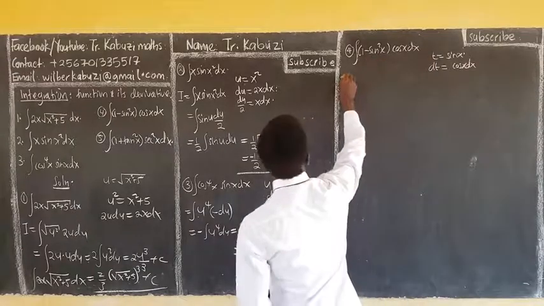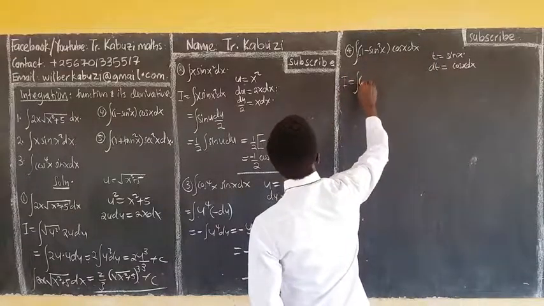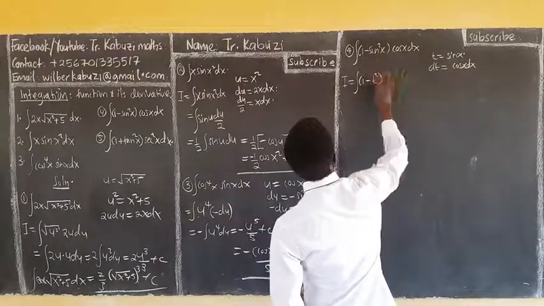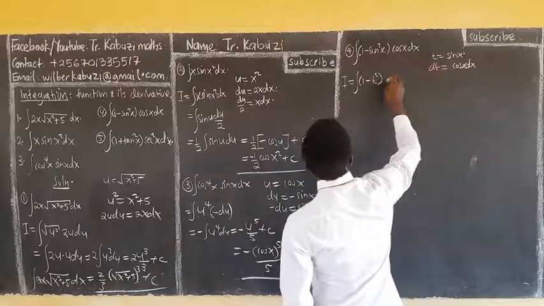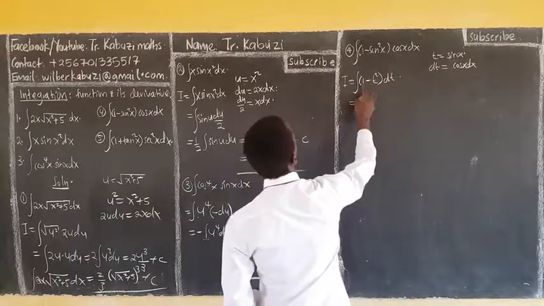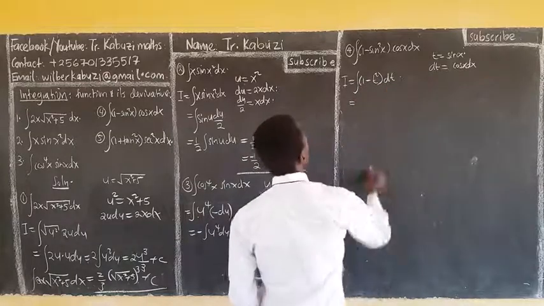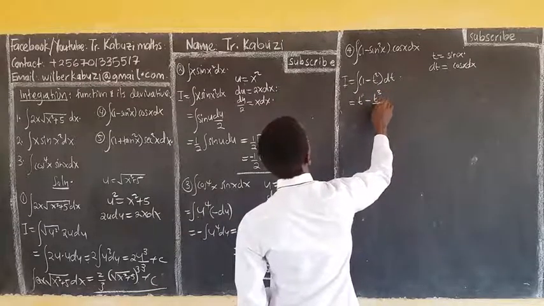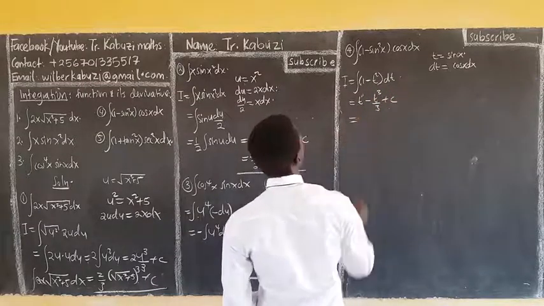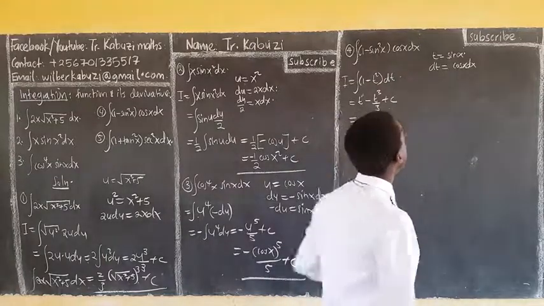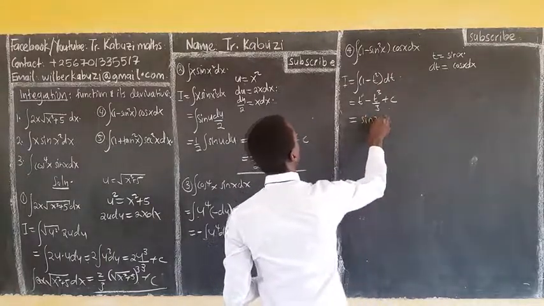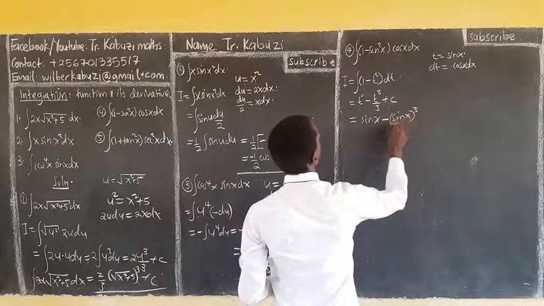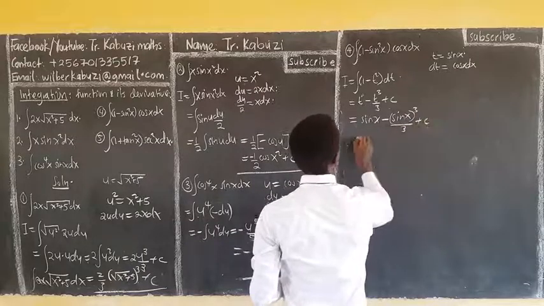So now this integral will be the integral of 1 minus t squared, since sine is t, but it's squared, then cos x dx is going to be dt. When you integrate with respect to t, we have t, then minus t cubed over 3, then plus c, where our t is sine x, then minus sine x the whole cubed over 3, then plus c.